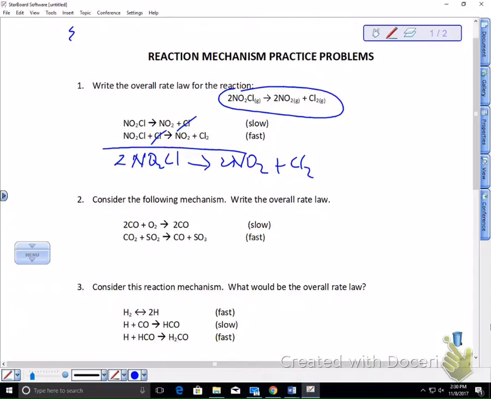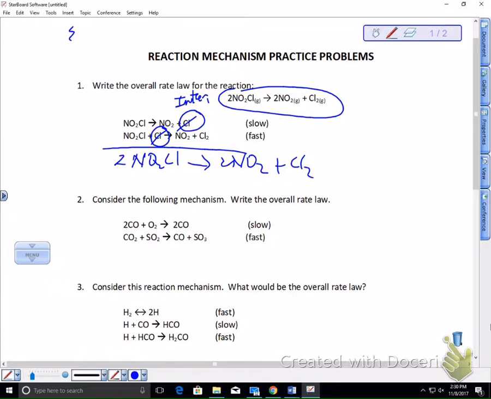All right, now real quick before I get into answering the actual question for this one, the chlorine that canceled out here would be an intermediate. Notice how it is produced in step one, fully consumed in step two. So it does not show up in the overall reaction. That is an intermediate. In this mechanism, the slow step happens first.